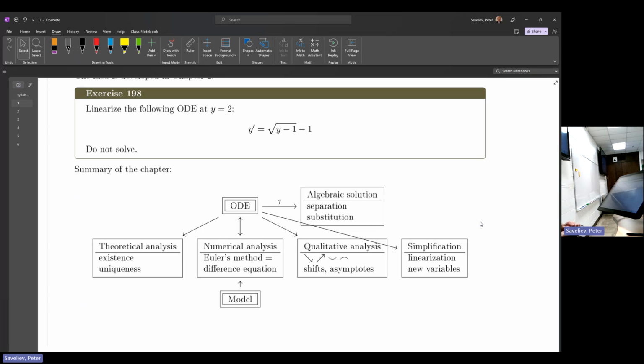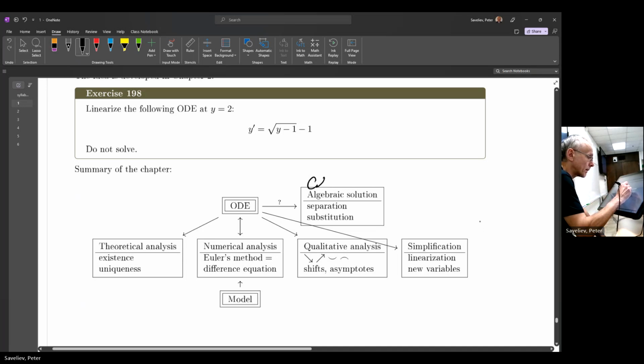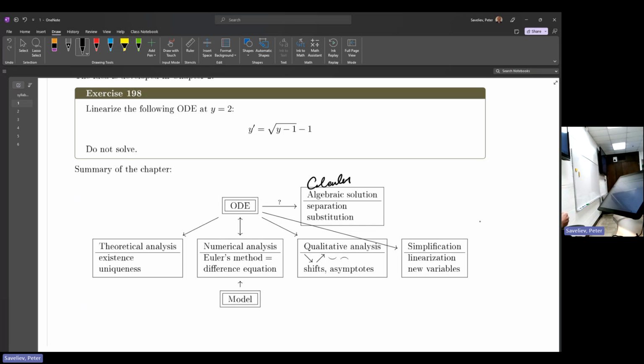So once again, algebraic solution or closed solution, calculus solution, if you like, is not very effective frequently. It's very easy to produce models that cannot be solved in that manner. So if that doesn't work, or when it does, we fall back onto these methods.